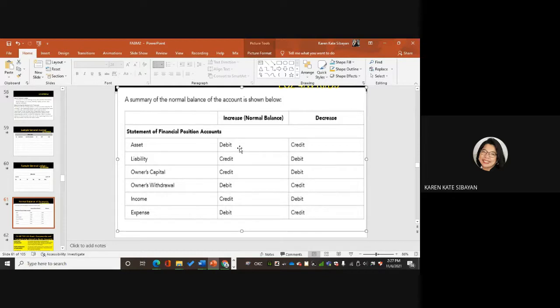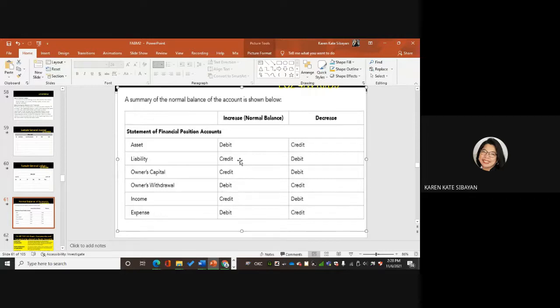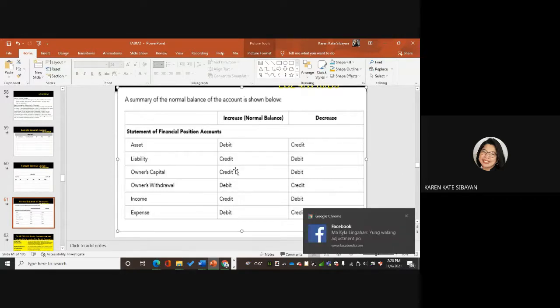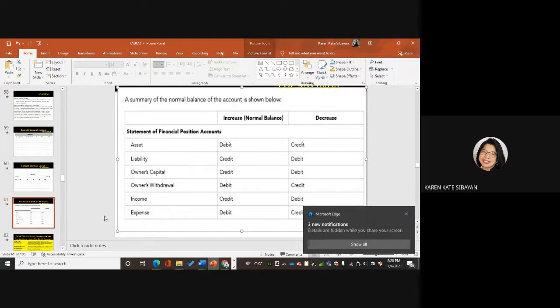Ibig sabihin, pag sinabing normal, hahanapin mo kung nasaan yung positive siya or nag-i-increase siya. Asset, nasa debit yung nag-i-increase. Liability, nasa credit side yung increase na or normal niya. Positive siya pag nasa credit side siya. Owner's capital. So yun lang yun, class. Yan yung plus minus na inano ko sa inyo as a summary. Okay?